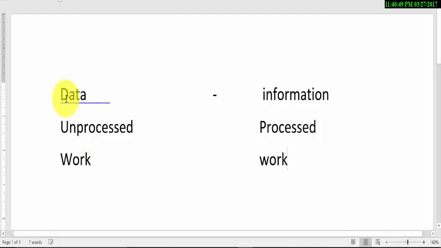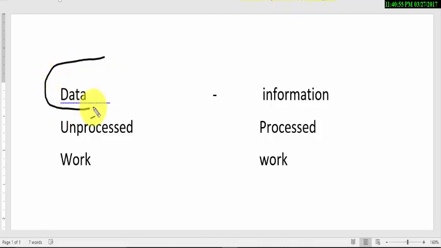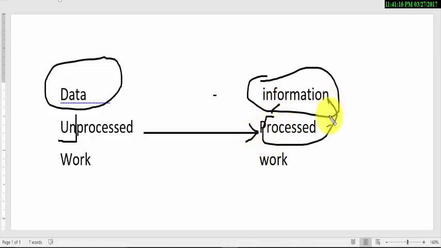Let me emphasize again, students: we have data here, then we have information here. Data means the types of data which are not yet processed. Now when it is processed, it becomes what we call information, because it is processed.